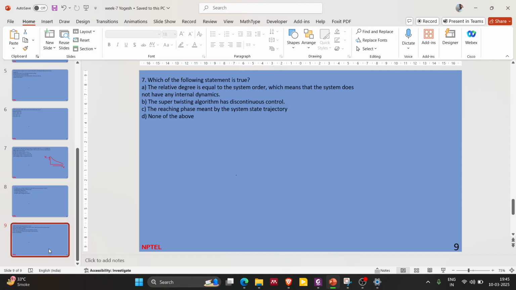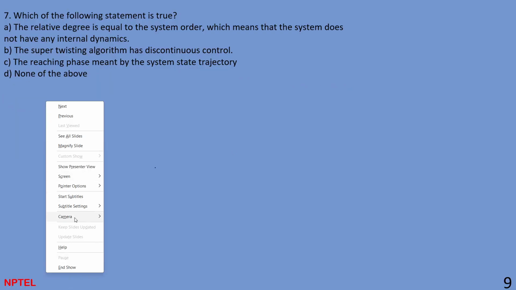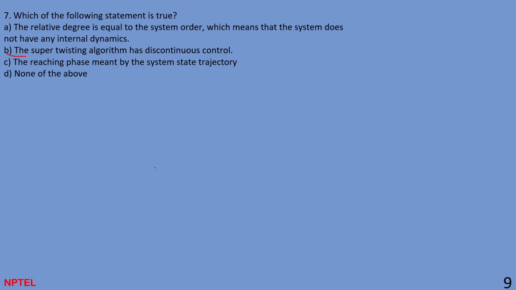I think this is the last question. Which of the statements is true? The relative degree is equal to the system order, which means that the system does not have any internal dynamics. Let's look at each option. Let's say you have a super twisting algorithm as a discontinuous control.